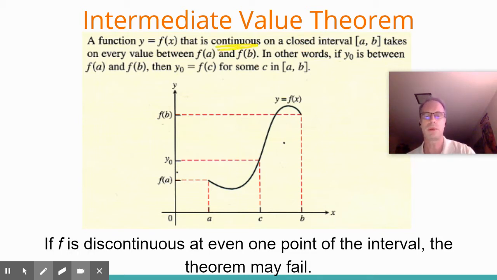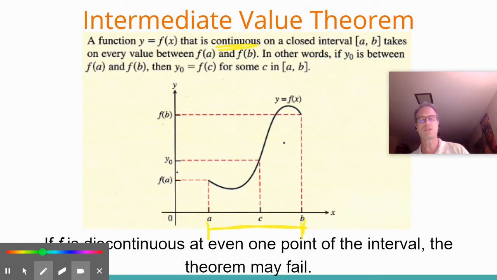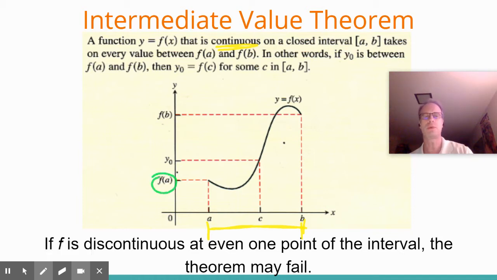In between A and B, it's got to be a closed interval. It can't be open. In other words, A and B have to be defined. And then it's saying that the function has to take on every y coordinate in between this one and this one.